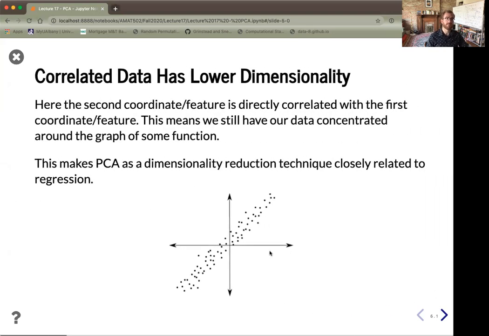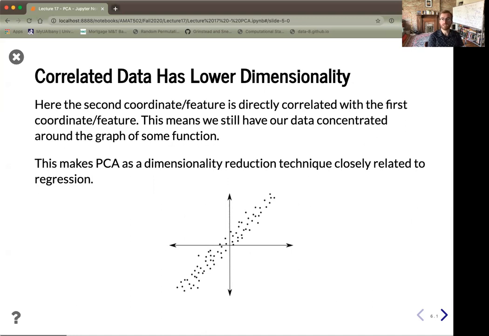And indeed, if we had data that looked like this, where it seems to be clustered or clumped around some line, we would also say that this data is not really truly two-dimensional. In fact, we could use a single independent variable and then determine the other one as a response variable, just as we do with regression.